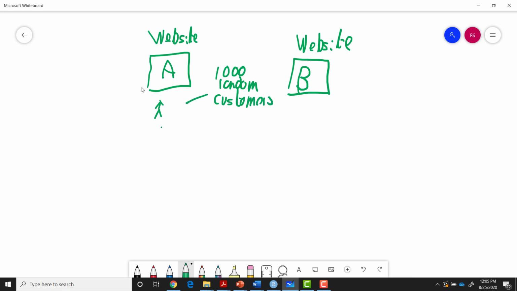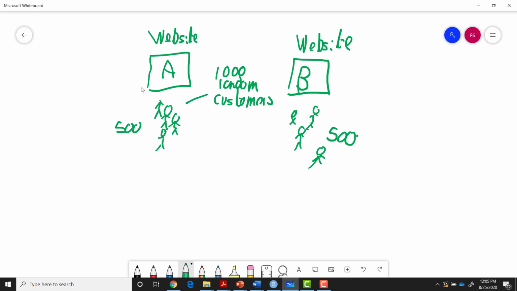What Google can do is it can route half to A and half to B. So we're going to have 500 customers in A and 500 in B. And what we're trying to work out is which website, A or B, actually has better profit, more people converting.